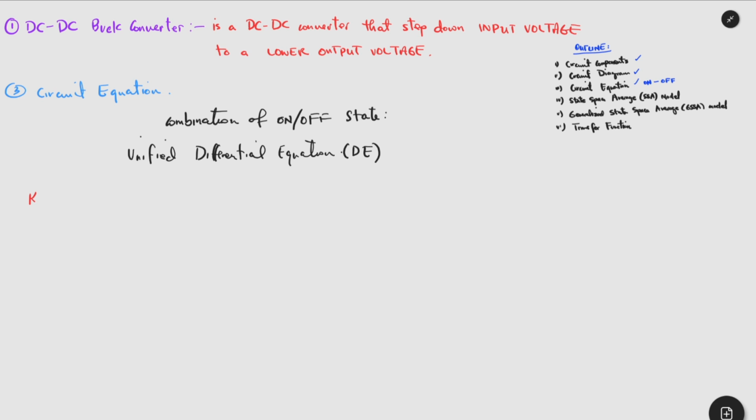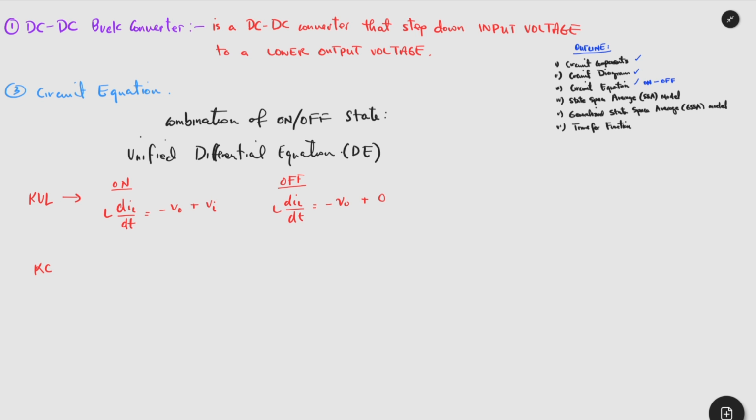And for the KVL, like what we have previously discussed, in the on state we have the equation L dIL on dt equals minus V0 plus Vi, which is the V in. And for the off state, we have L dIL on dt equals minus V naught, and the V in is equivalent to 0.